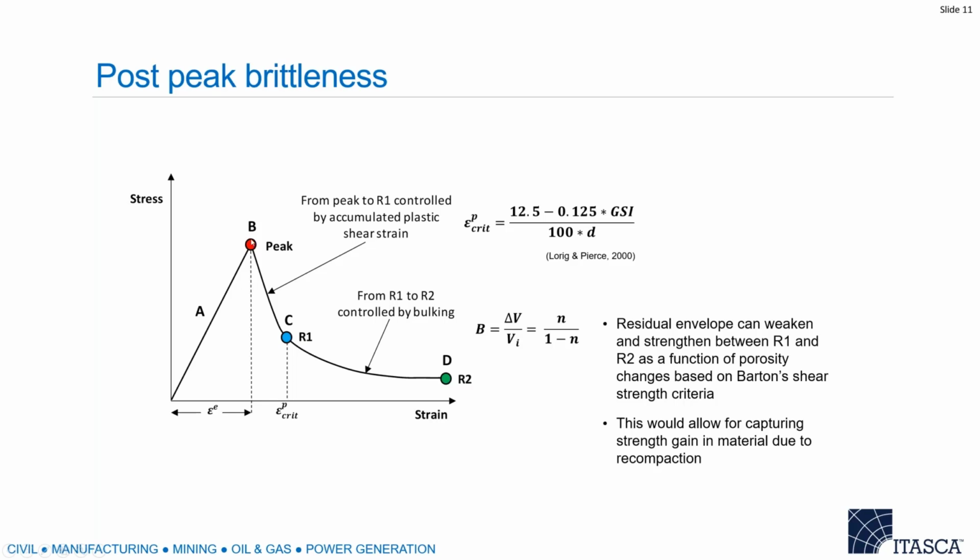So the post-peak brittleness, basically how fast you decay your properties, going from peak to residual 1, as you can see here, is controlled by critical plastic shear strain. That critical plastic shear strain is the amount of accumulated plastic shear you need to go from peak strength to mobilized post-peak strength. Unfortunately, there is not that much literature available in this regard.